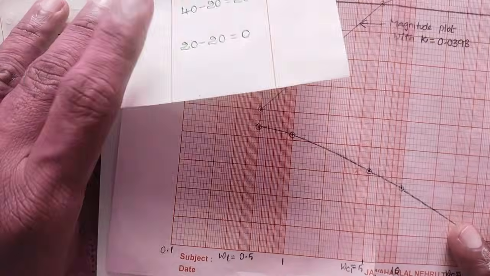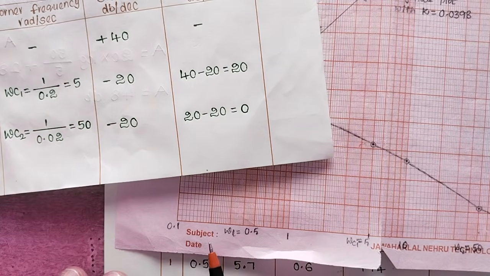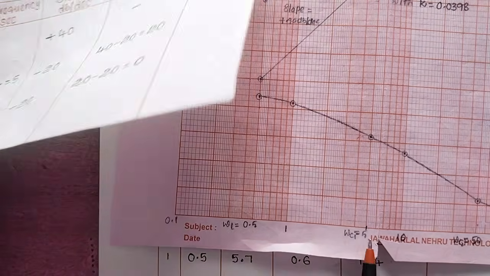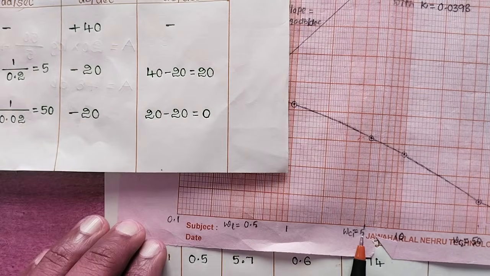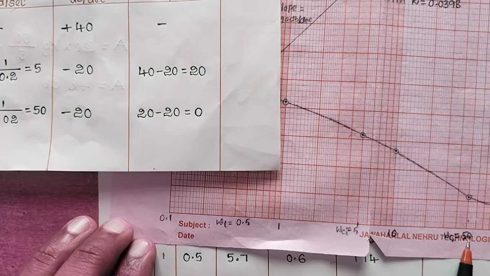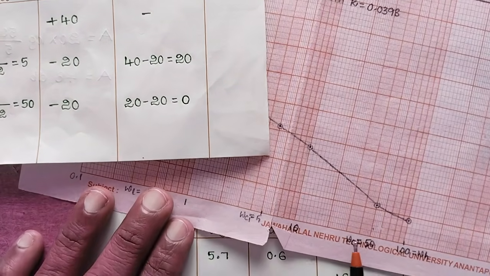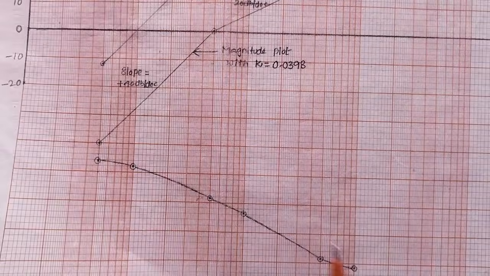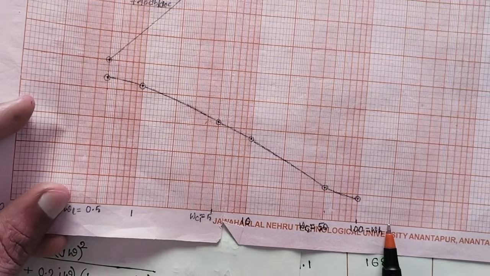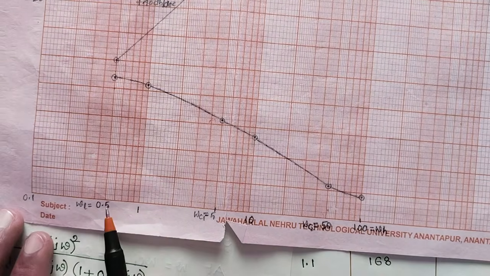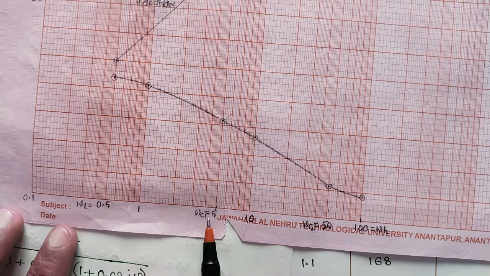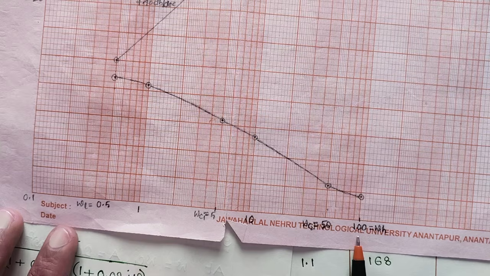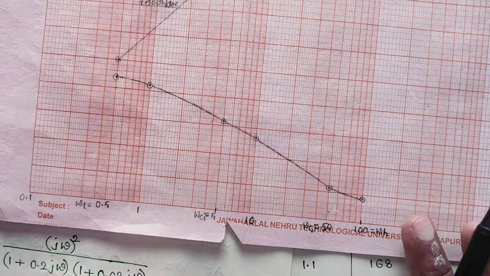So I have to mark 0.5 radians per second, 5 radians per second, 50 radians per second, and 100 radians per second, that is omega H. So omega L is 0.5, omega C1 is 5, omega C2 is 50, and omega H is 100, that is the abscissa scale.